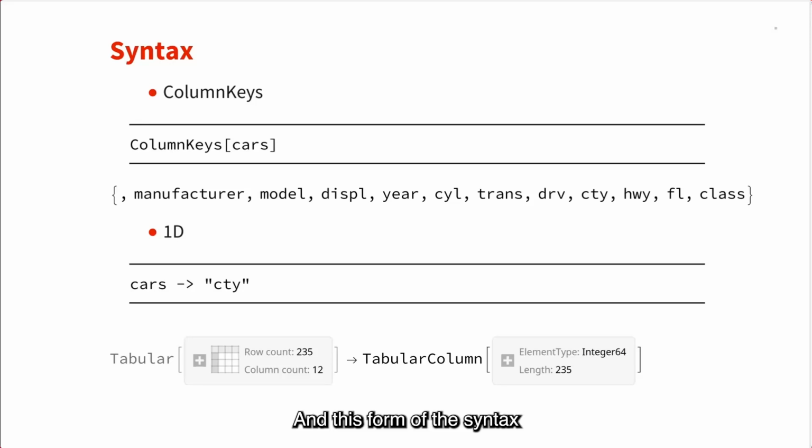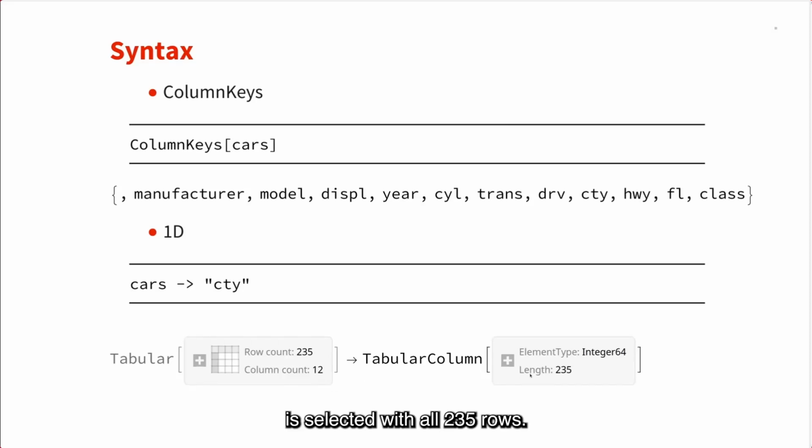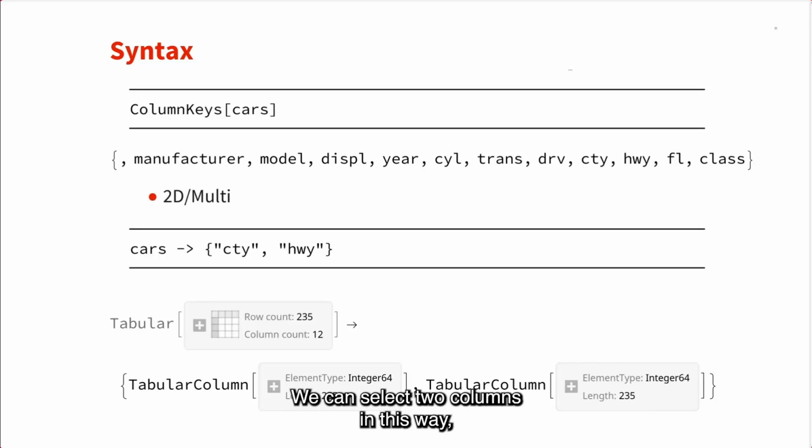And this form of the syntax shows that the input tabular has 12 columns, and the city column of numeric type is selected with all 235 rows. We can select two columns in this way using a list on the right-hand side of the rule. Again, we see that both our selected columns are of numeric type.